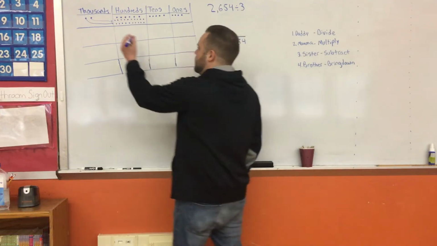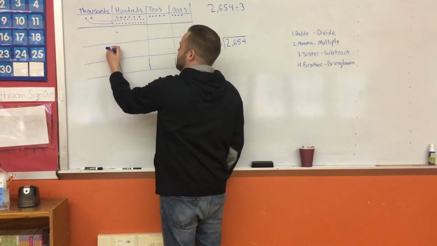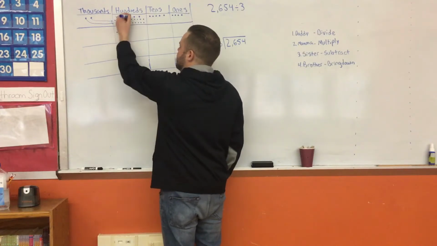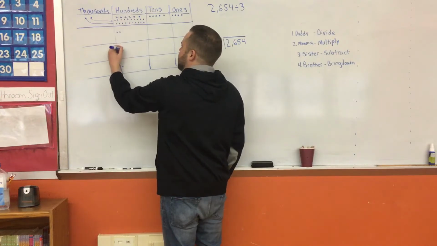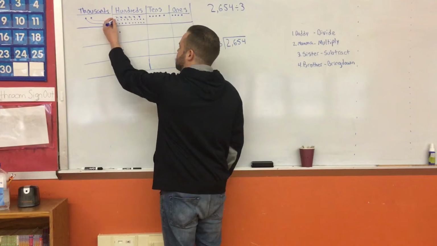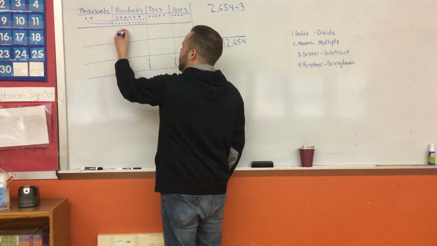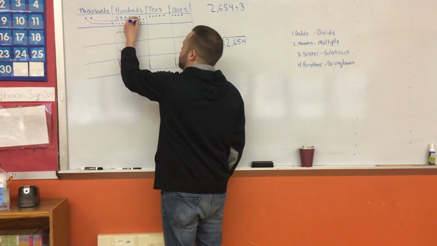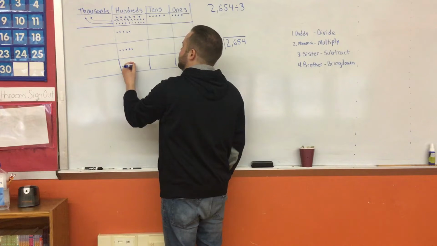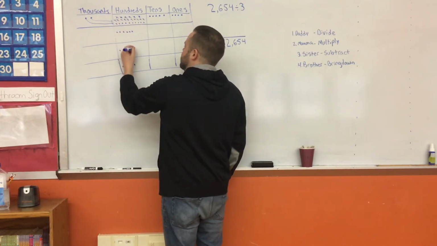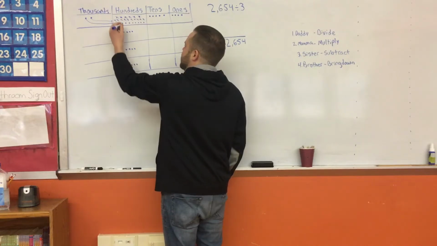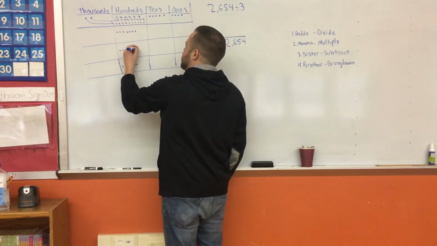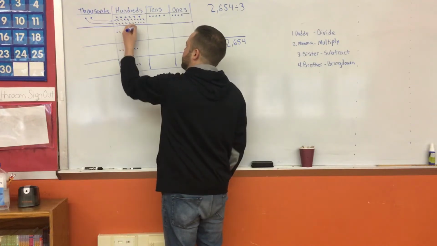Now watch how I do this. 1, 2, 3, 4, 5, 6, and so on, crossing off as I go, up to 24.